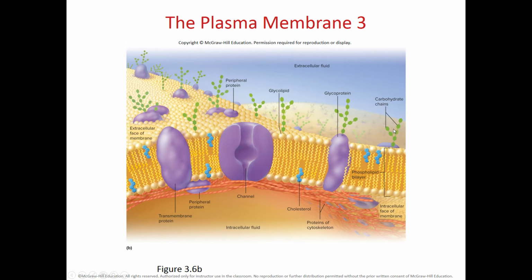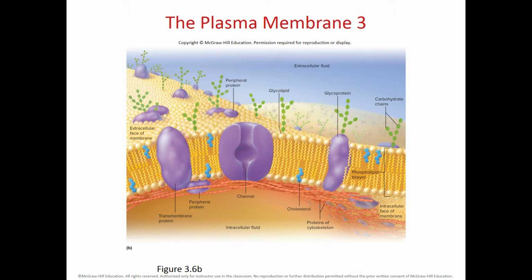All of these glycolipids and glycoproteins, which are either proteins combined with carbohydrate chains or lipids combined with carbohydrate chains, help to receive signals or to attach to other cells.